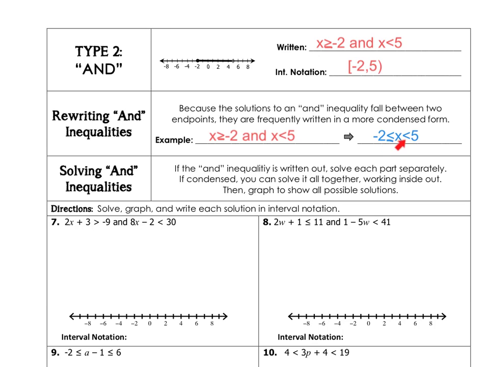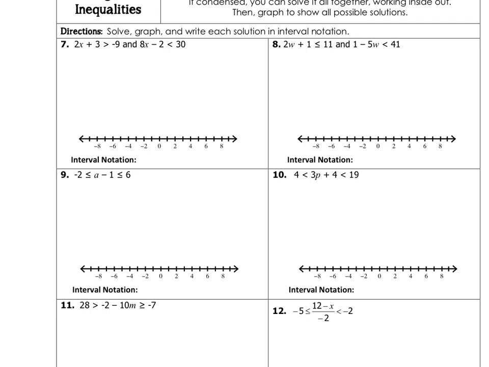Then your variable is in the middle because as you look at the number line, these are all the values that x can be. So it starts here on the left. All of these values are included for the values of x, and then it ends there at the right at +5.